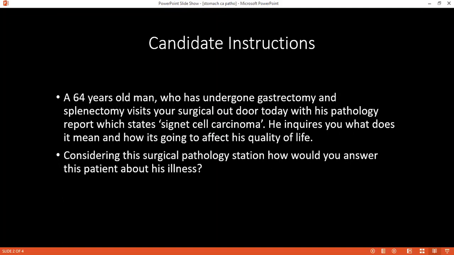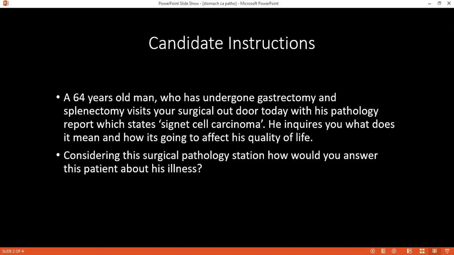Good. Can you please tell me what you understand by the term Krukenberg tumor? This is a metastatic ovarian tumor from early and late gastric cancer. Okay, other than adenocarcinoma, can you name a few other examples identified of gastric carcinoma?